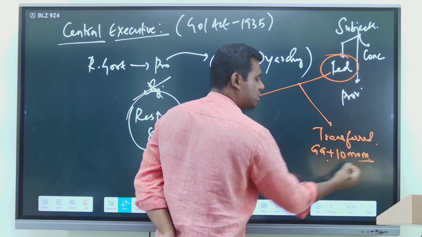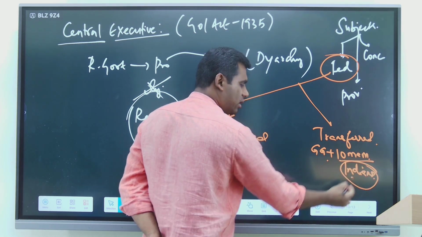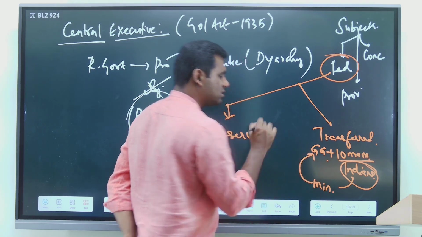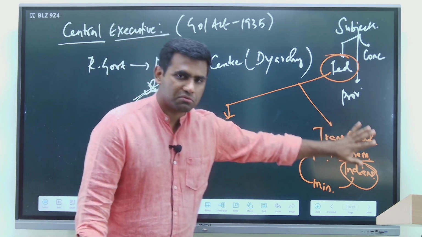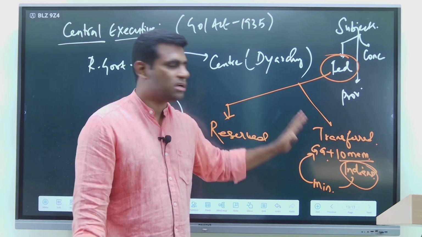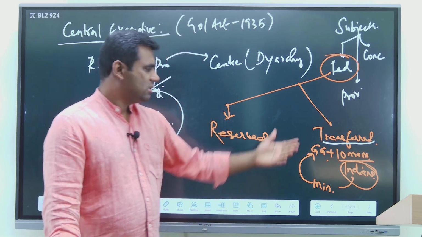So these 10 members, they are Indians. It is these Indian members who are now the ministers for these transferred subjects, who will aid and advise the Governor General. So the Governor General, with the assistance of these 10 councillors, with the help of their aid and advice, has to carry out these transferred subjects. All right.